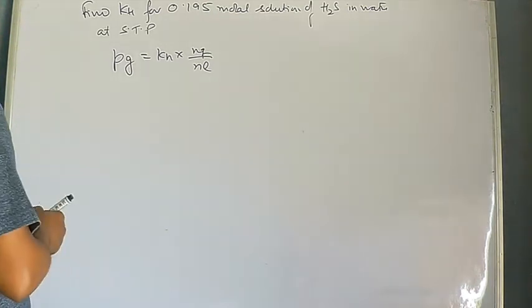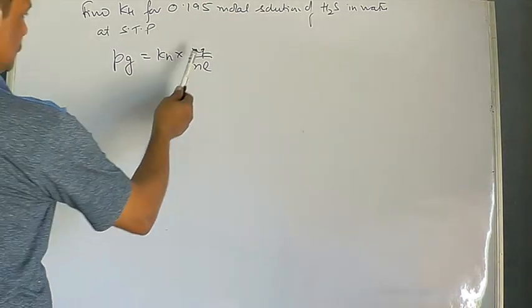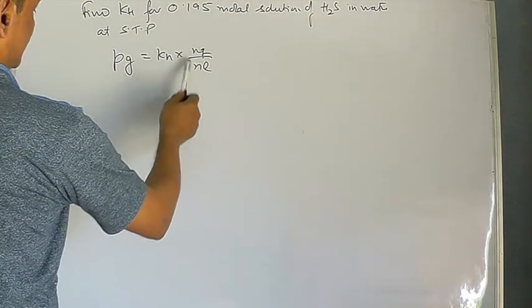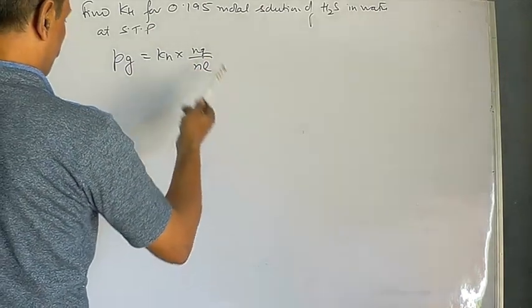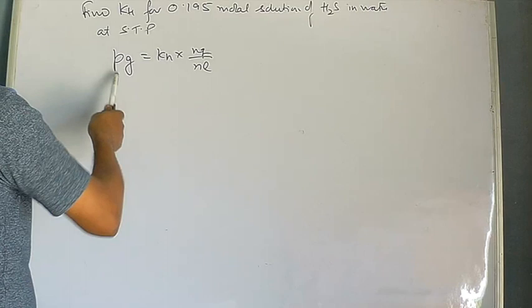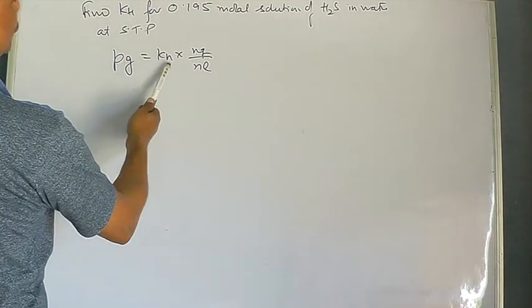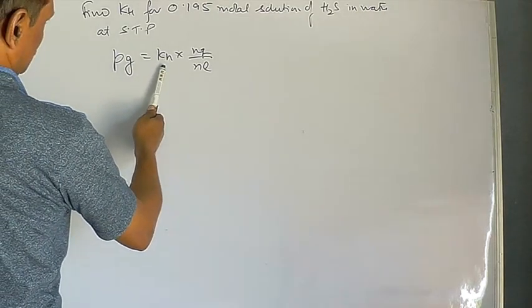Class, remember one thing, this is a ratio, number divided by number, so it does not have any unit.